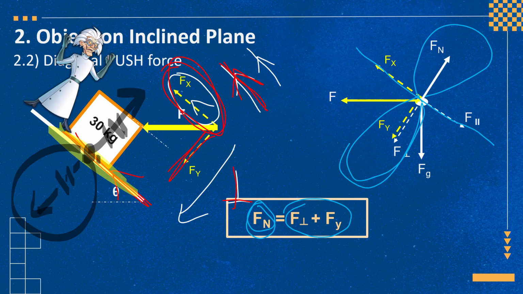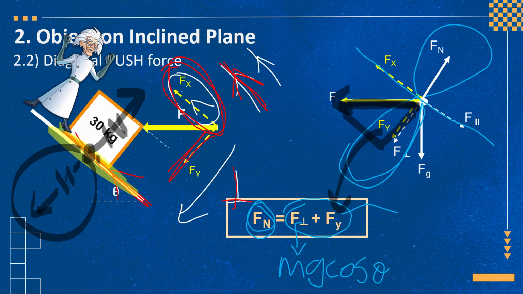And then just remember, how do you get F perpendicular? That is just equal to mg cos theta, or your weight times cos theta. And where will you get Fy, the y component of this yellow force? Well, you have to work in that triangle, or whichever triangle you want to work in, but you will find Fy doing a little bit of trigonometry there.